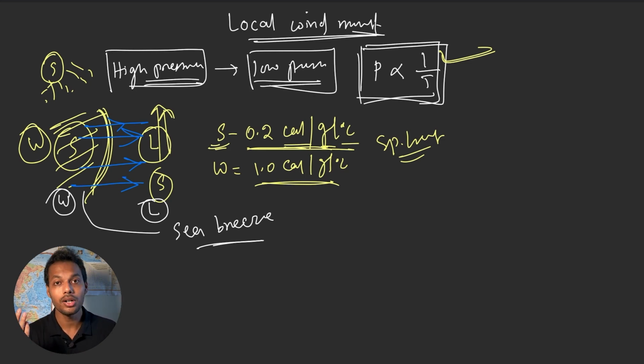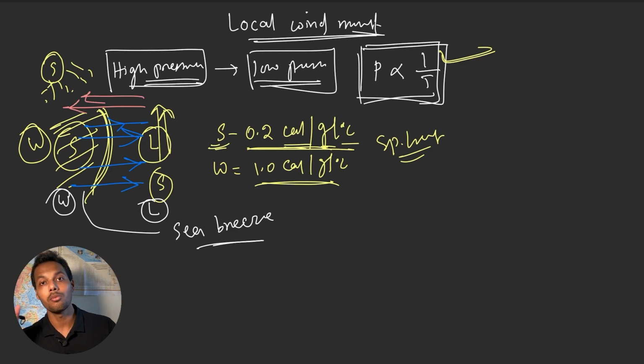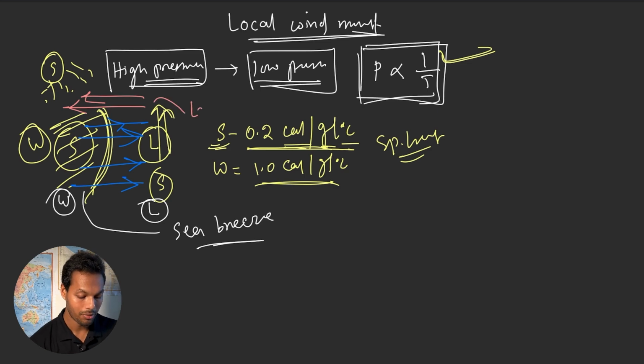So during night, the land mass cools down very fast, and the wind movement will be opposite. During night, wind will move from land mass to water bodies, and that is called land breeze.